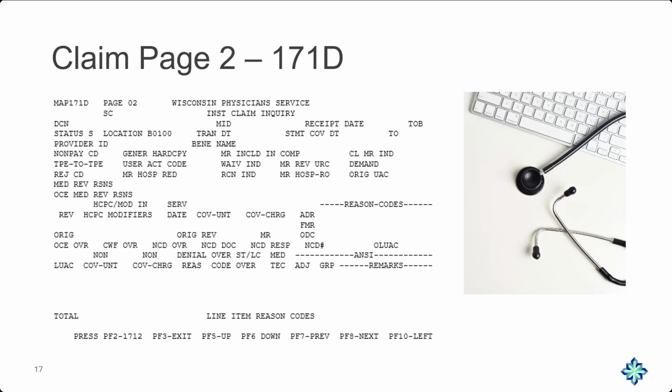You can press F6 to scroll through the lines until you get to the one you need. Or while you're on page 2 of the claim, you can place your cursor on the claim line number above the revenue code field and then press F2 to immediately go to that specific revenue code line.